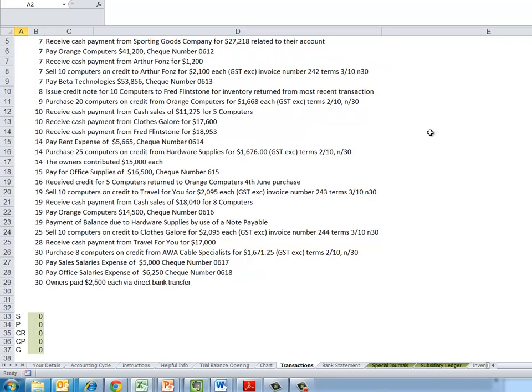We've got the sales journal for sales that we make on credit, the purchases journal for things we buy on credit, the cash receipts journal for receipts of cash, receipts of money, the cash payments journal, payments we make, mostly by check, and if it doesn't go in one of those, then it's going to go in the general journal.